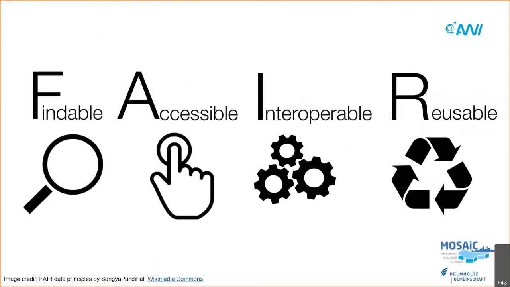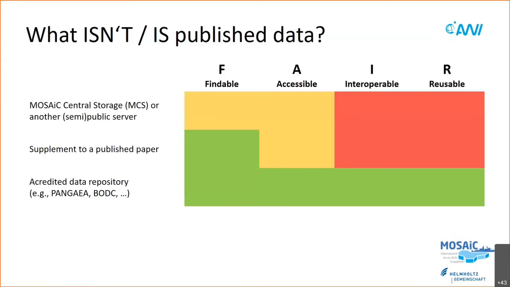So FAIR data principles for data publication is a concept you've probably heard of and are familiar with. It's become a standard that many institutions and funding agencies aim for. And it's also the case for the MOSAIC project and it features in the data policy. So what is and what isn't published data?